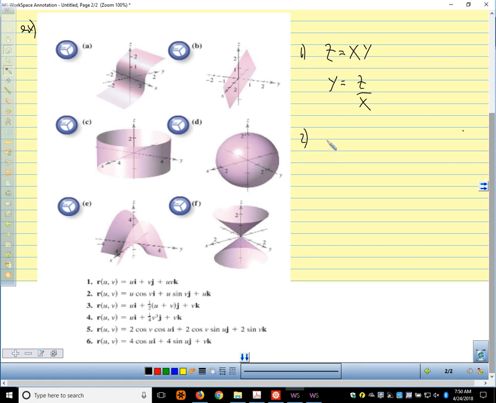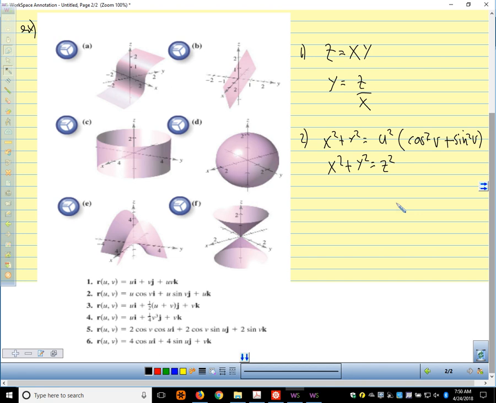So x squared plus y squared equals u squared times, I'm going to square this and square that, cosine squared v plus sine squared v. And this is 1. So x squared plus y squared equals u squared, which is z squared.